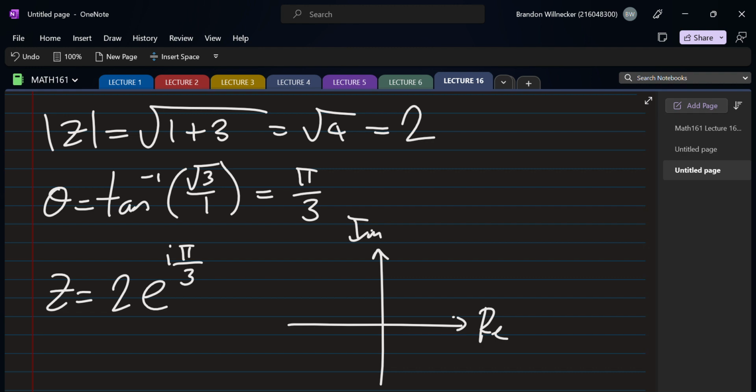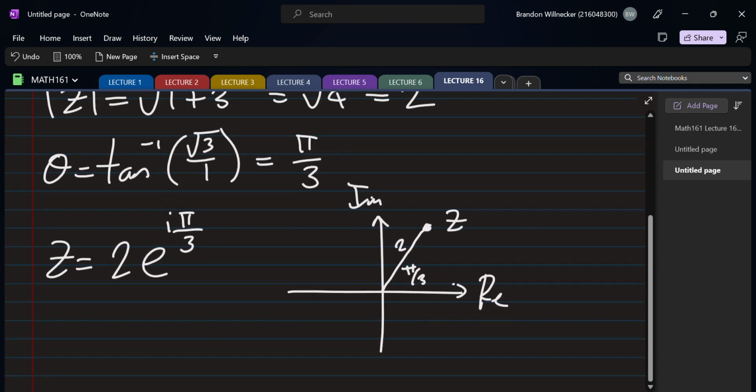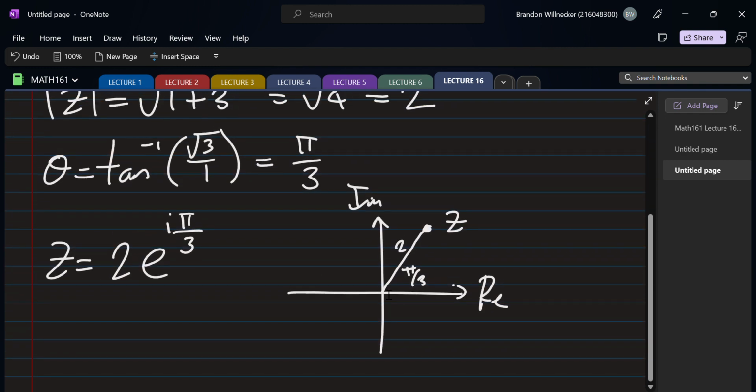We've got a positive angle pi over 3. So that's going to be somewhere like here. So that's pi over 3, distance 2. And that's our z over there. Which makes sense. If we look at this here, we've got 1 along the real axis, root 3 along the imaginary axis. This looks about right.